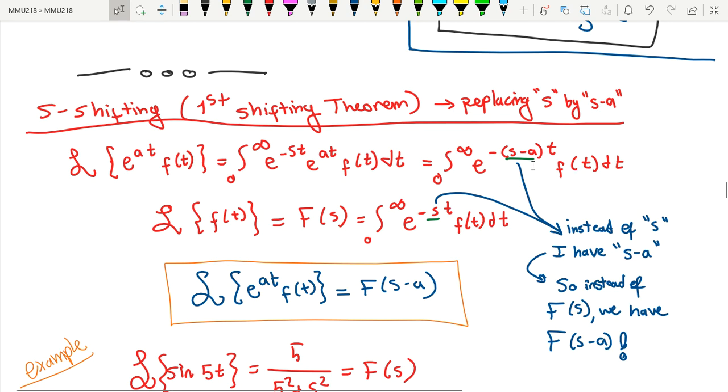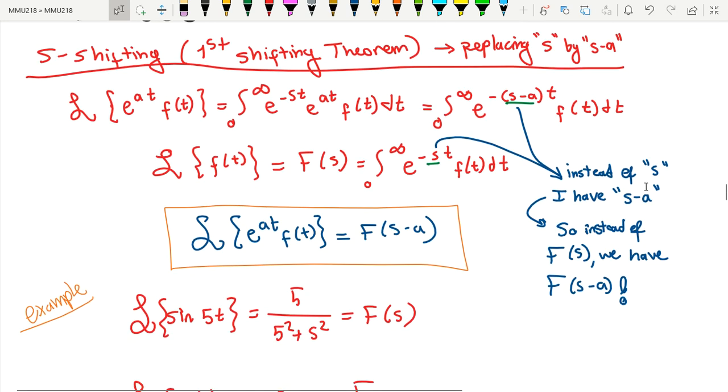And if I compare these two definitions, I'm just seeing the same thing, but I'm replacing the s by s minus a if I use a function like that. So instead of s, I have s minus a. So instead of capital F of s, we have capital F of s minus a.